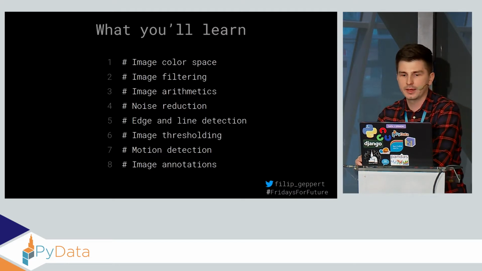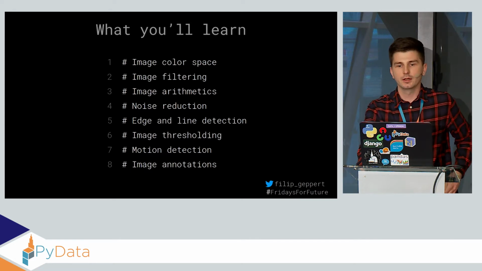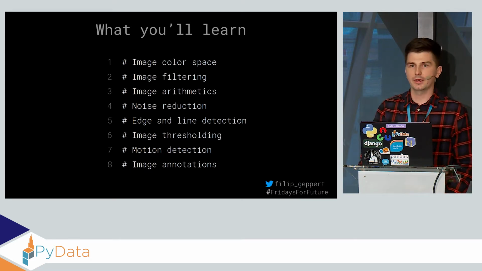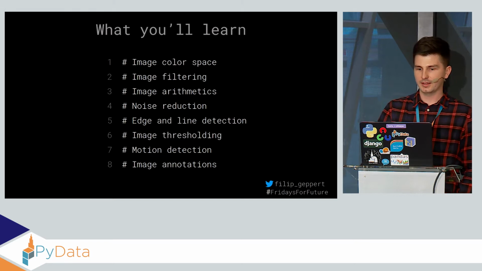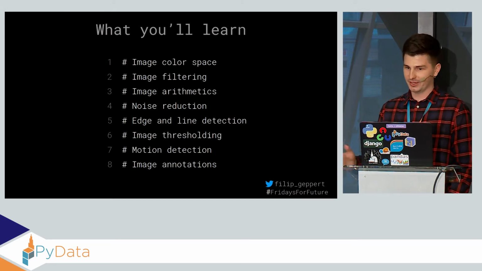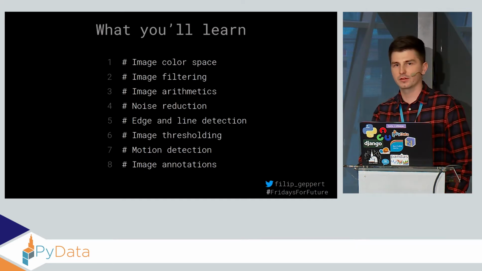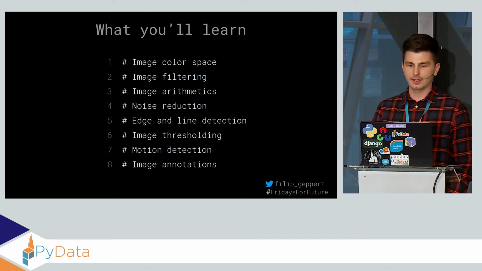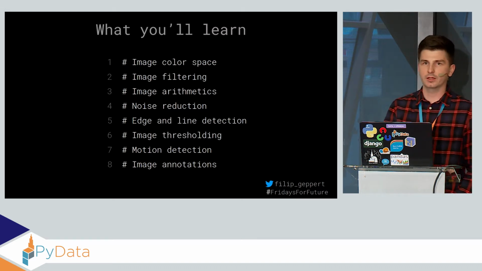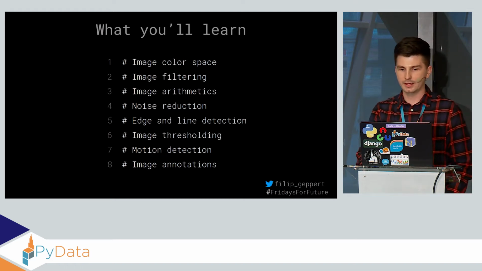So what you will learn today: you will see what image color spaces are and how you can convert them, what image filtering is, especially in the context of color filtering, what image arithmetics are, so how you can add and subtract images, how you can reduce noise in your new data set, which is an image, what edge detection is, how you can detect edges, and based on edges, how you can calculate lines, what motion detection is, especially in the context of video and consecutive frames coming in sequence.